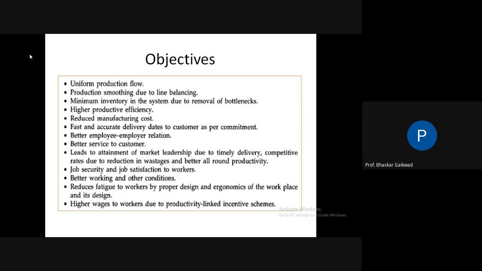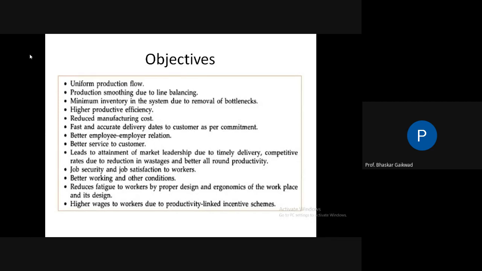The similar point is there: immediately we will serve the customers. It leads to attainment of market leadership due to timely delivery, competitive rates due to reduction of wastage, and better all-around productivity.